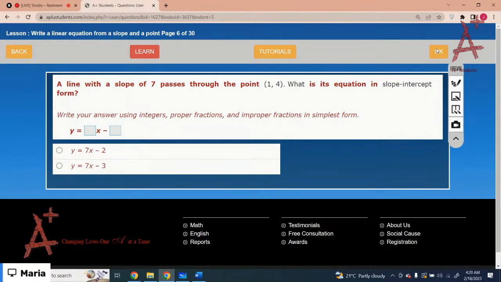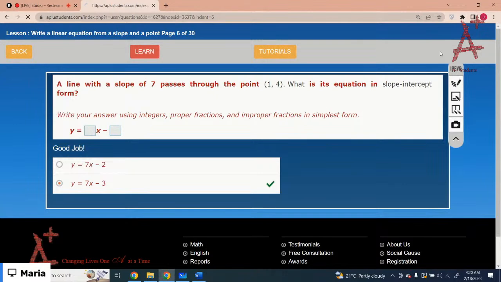Which is the correct option? It would be the second one. Very good: y equals 7x minus 3. The second one is the correct option. Got it?